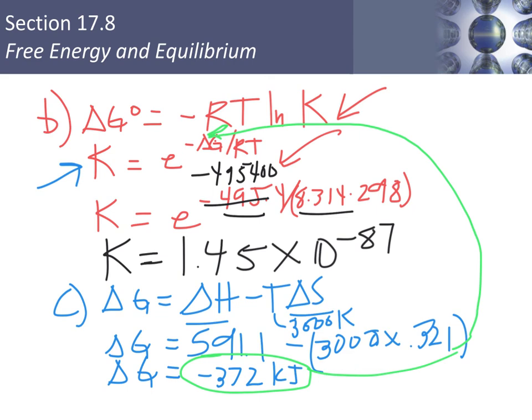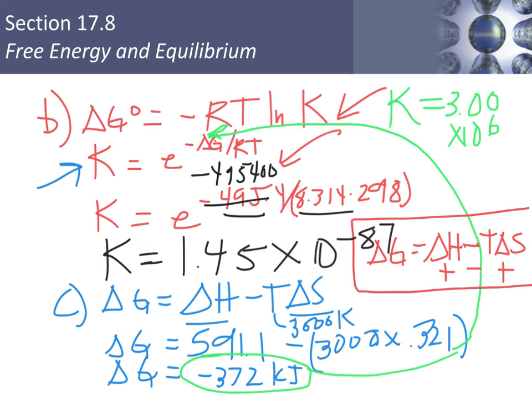And it's a negative negative, right? So we're going to make that positive. We get a new equilibrium constant of 3.00 times 10 to the 6th, which is greater than 1, much, much greater than 1. And that corresponds with a spontaneous process, like we saw on the previous slide.